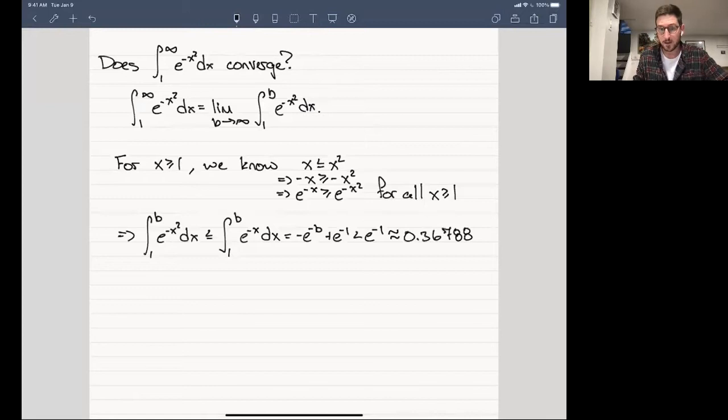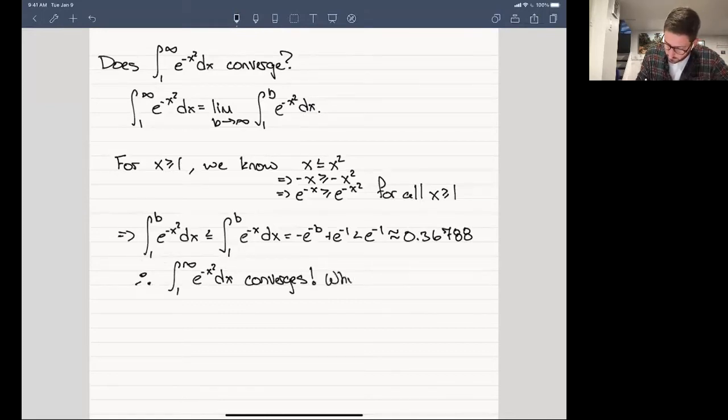Now that thing's finite. We also know that this original integral right here is positive because it's above the x-axis. So that tells me that, therefore, this integral converges.